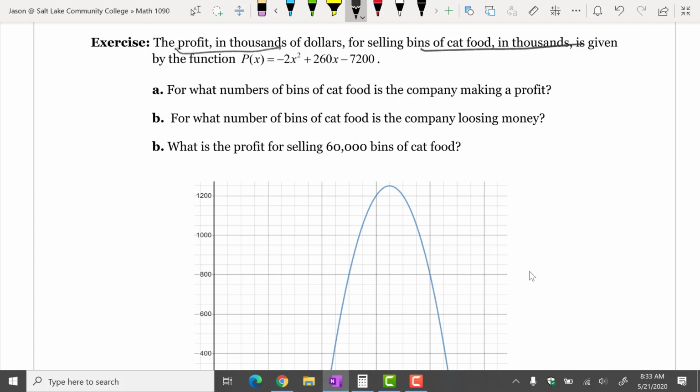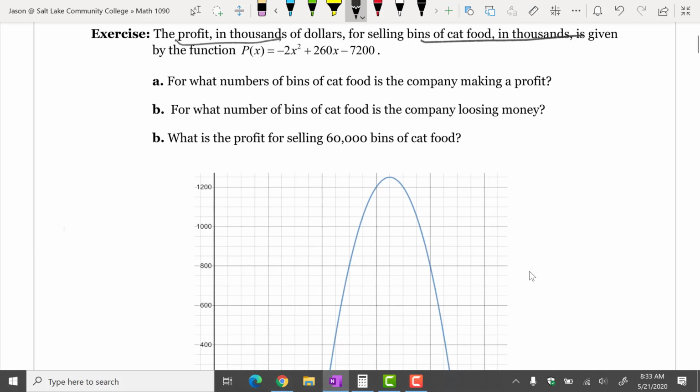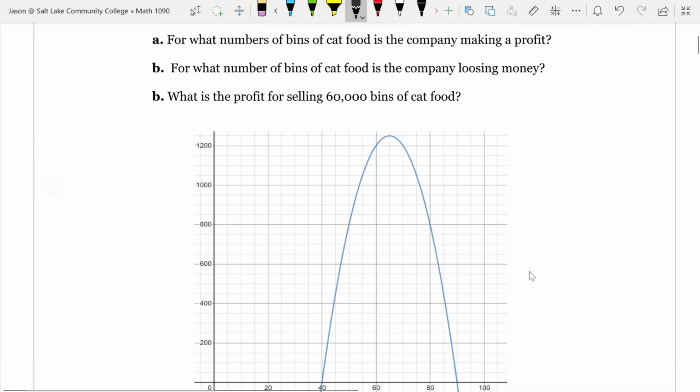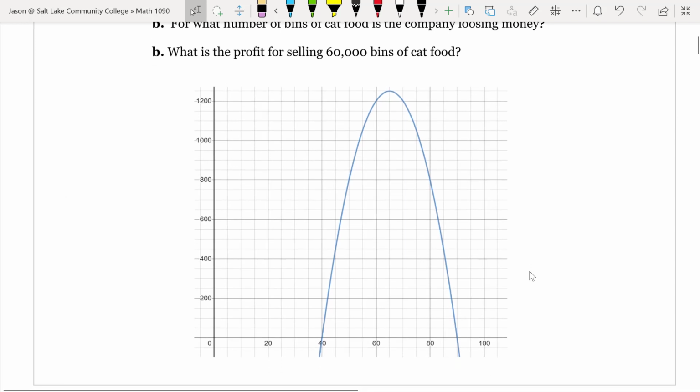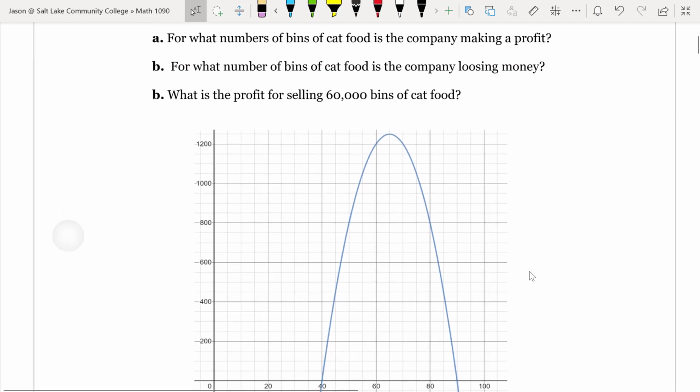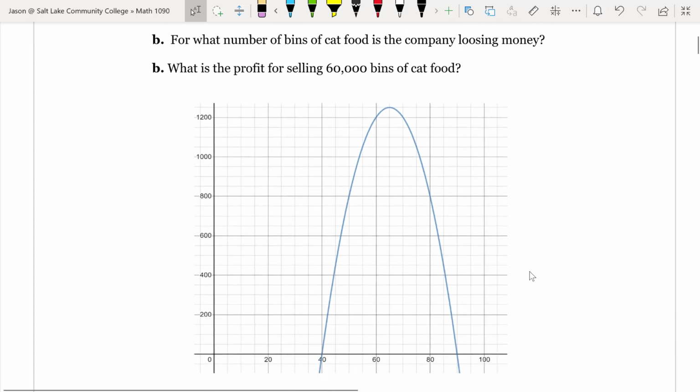So part A, for what number of bins of cat food is the company making a profit? Well, you're making a profit when your profit is greater than 0, right? So this x-axis on this graph represents quantity, the y-axis represents profit.